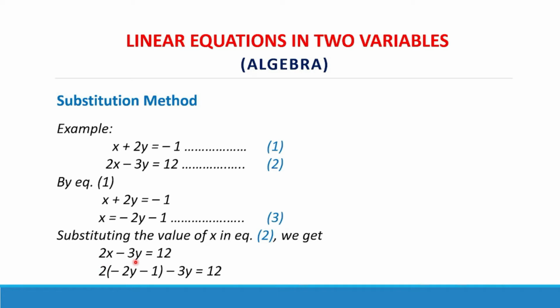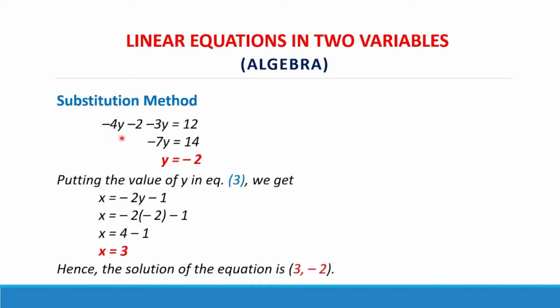Substituting the value of x from equation 3 into equation 2: 2x - 3y = 12, and 2 times x, which is (-2y - 1). So 2(-2y - 1) - 3y = 12. By simplification, 2 times -2y and 2 times -1, or -4y - 2 - 3y = 12.